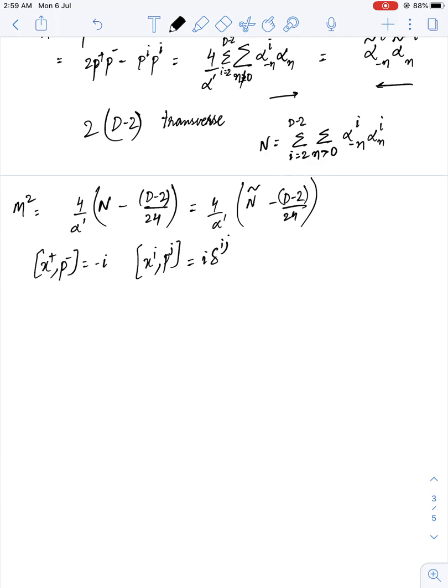So basically, I will give the argument that you take the ground state. The ground state is a vacuum, and what is special about this is n will be 0, so our m square is of the form minus 4 by alpha dash times d minus 24 over 4.